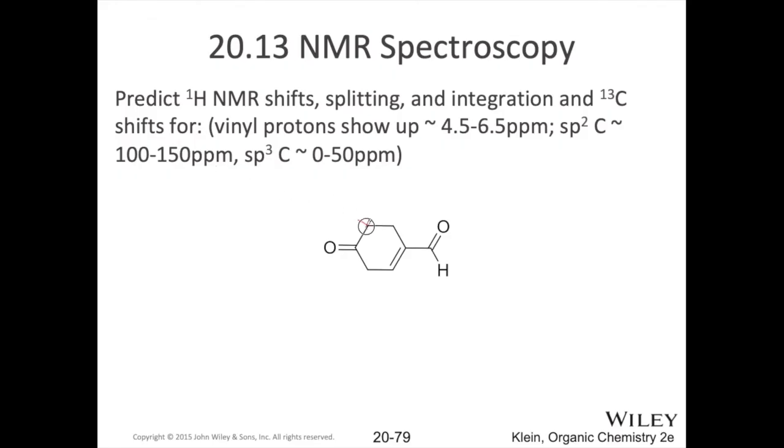So we have 2 protons here. We have 2 protons here. We have that final proton here, and then 2 protons here. Okay, so like I said, this one's going to show up relatively downfield, but how's this going to be split? The only thing nearby is going to be these 2 protons here, which are basically enantiotopic.